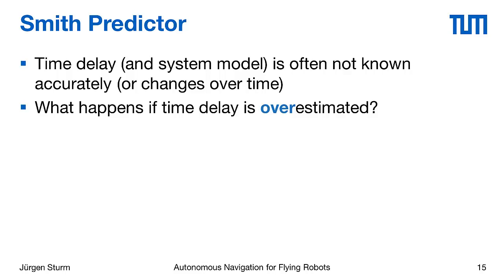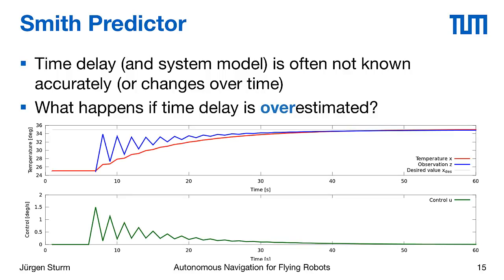So let's consider first what the result would be if we overestimate the time delay. The effect is as follows. The Smith predictor predicts too far into the future, which means that it thinks that just by giving a certain control command we've already reached our desired goal location, because in a very distant future we already might be at the desired state, or we might even overshoot.